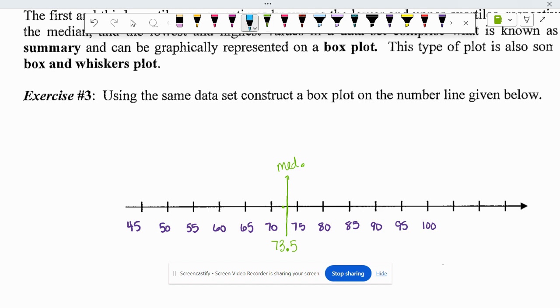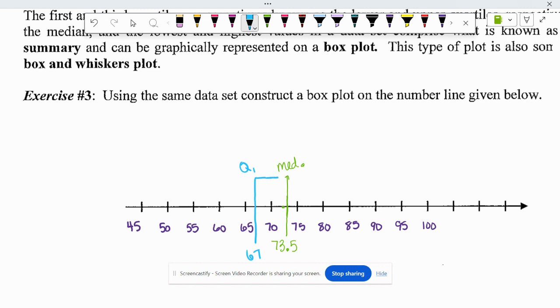Well, where is my Q1? That was question C from number 1. What was it? 67. So probably right about here. So I'm going to draw a line down and put the number 67. And I'm also going to draw it straight up and put Q1 over the top of it.